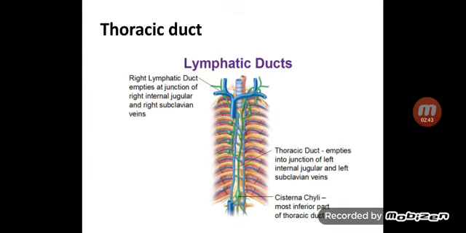So, the thoracic duct drains the lymphatics from the whole body except the upper right side of the body, which is above the diaphragm. The right upper limb and the region which is above the diaphragm is drained by the right lymphatic duct.